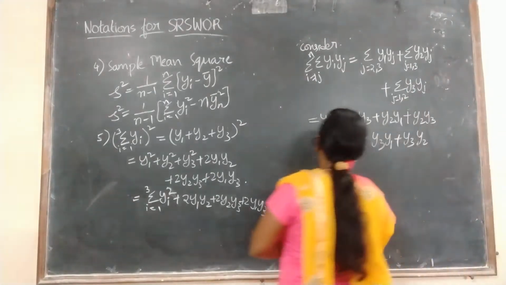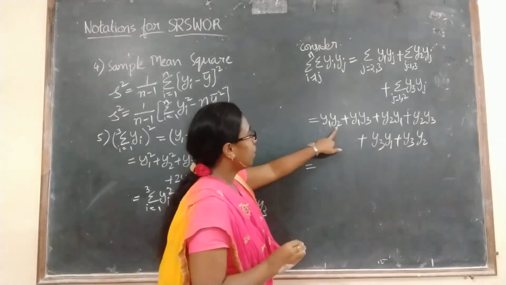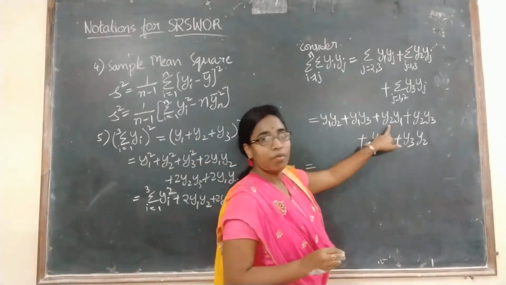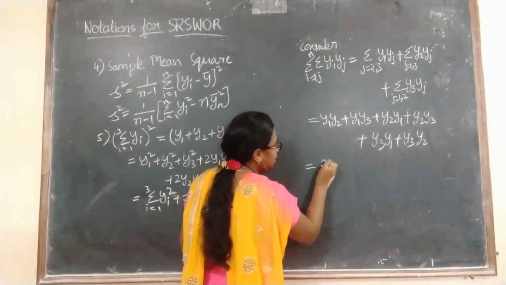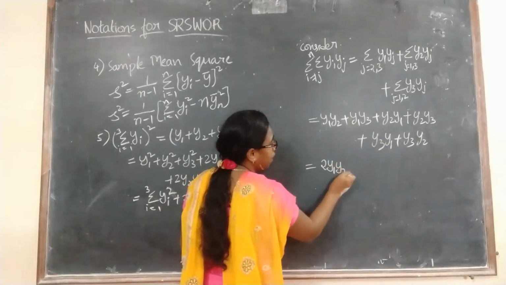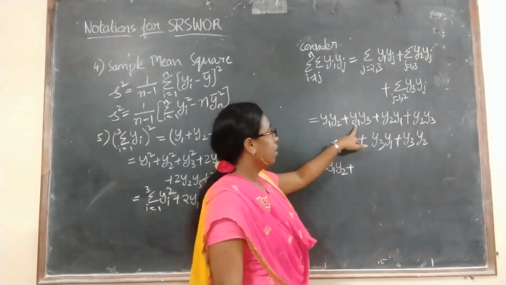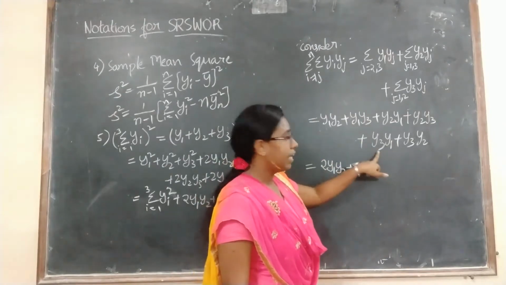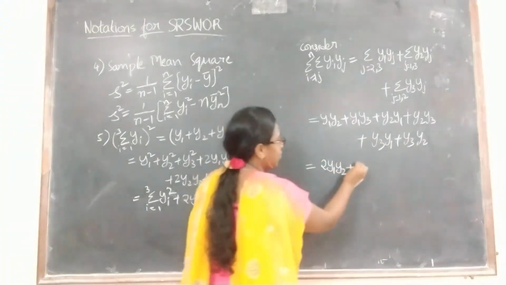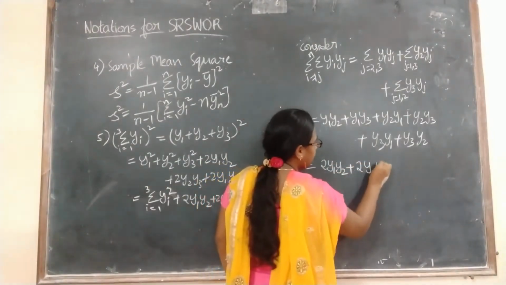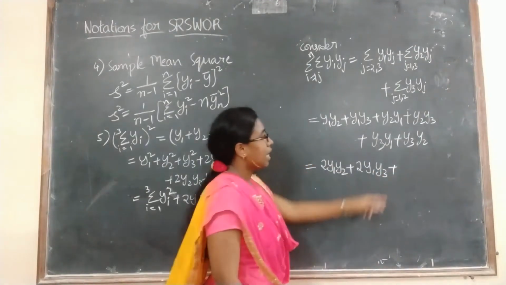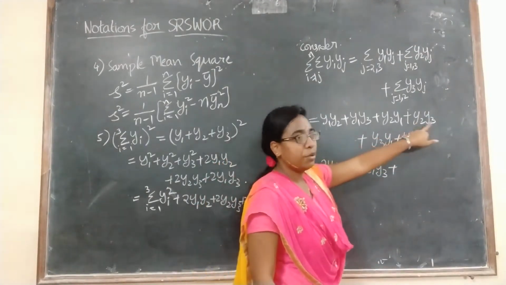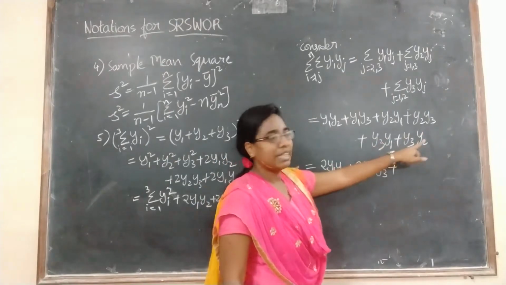If you observe these terms, y1 y2, here also y1 y2. This can be written as 2y1 y2 plus again y1 y3 and here you have y3 y1. This can be written as 2y1 y3 plus again y2 y3, here y3 y2.